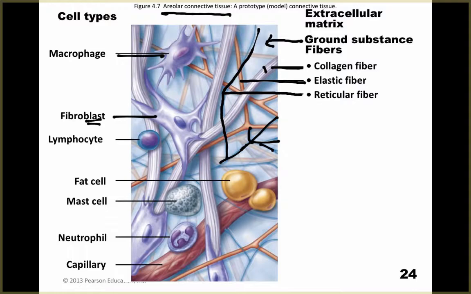And you'll see that in connective tissue proper. That's why you see this fibroblast here. And a lot of these other things all have to do with immunity cells, and we're not going to get as much detail into those. We'll talk about those more when we get into immunity.